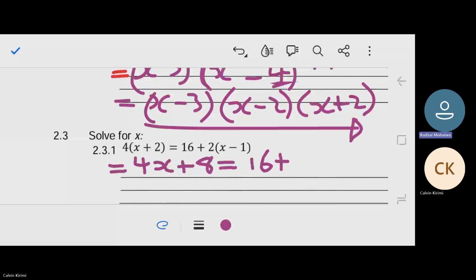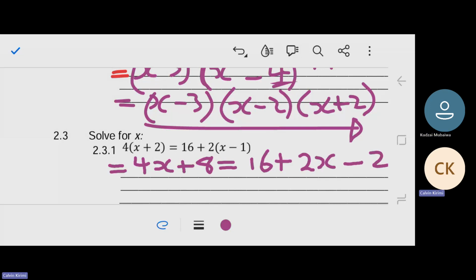Plus 2 times x, 2x. And that 2 is also multiplying the negative 1, so don't forget. 2 times negative 1 is negative 2.